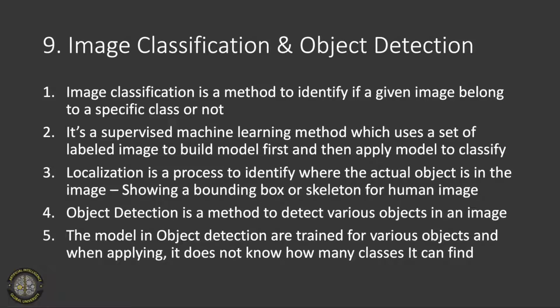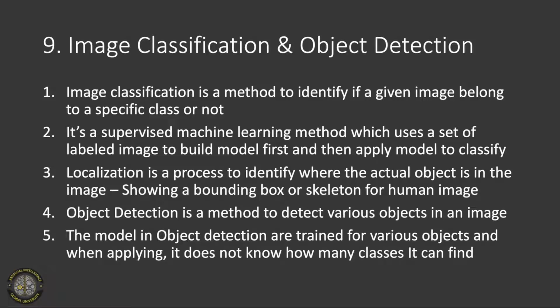Using these labeled images, a set of yes and no, true and false results, you train computers to understand what constitutes an object such as a chair and what does not. A model is created, and once the model has achieved certain accuracy, you can apply that model for classification. So this whole process is called classification.